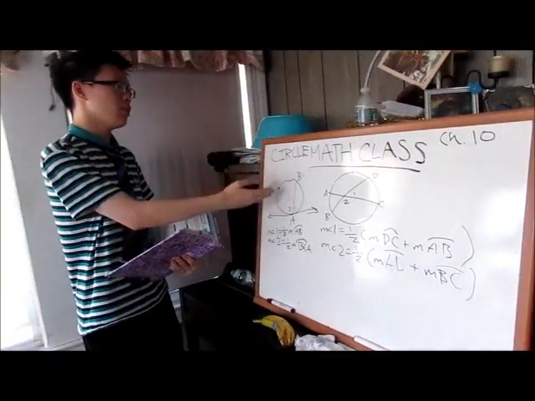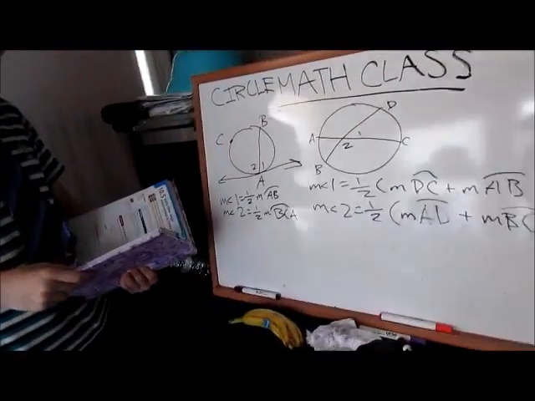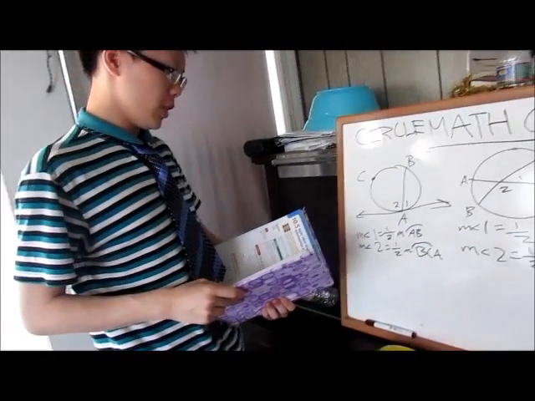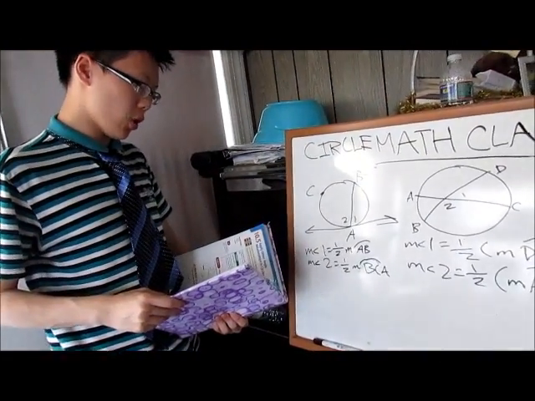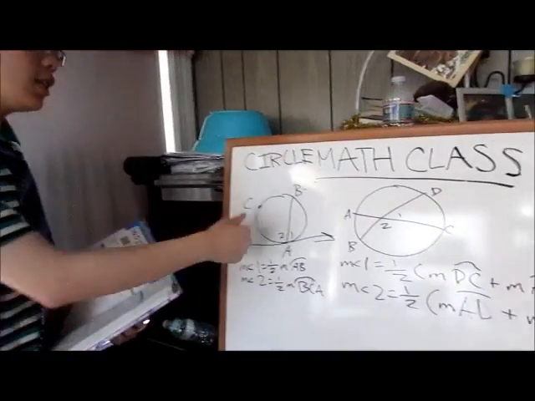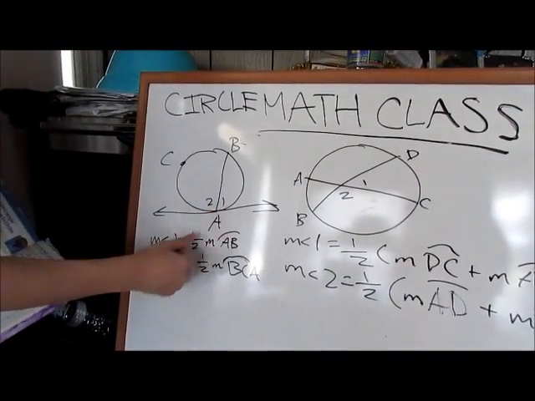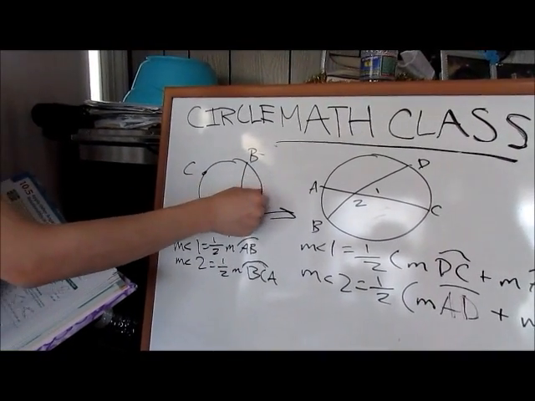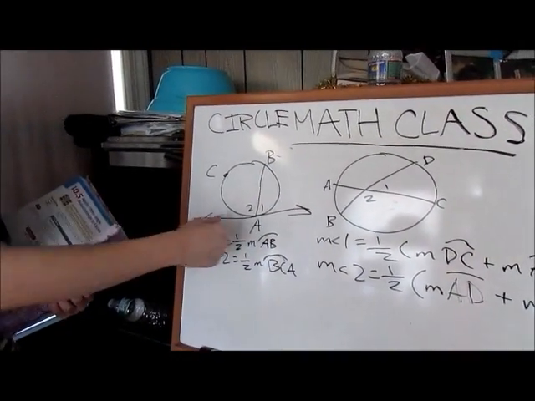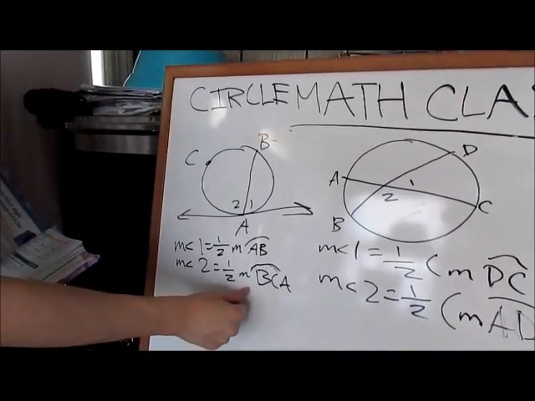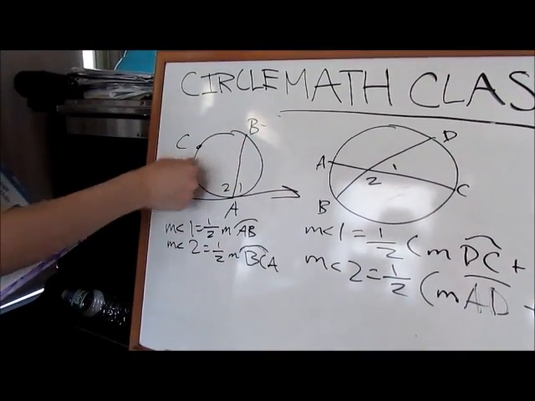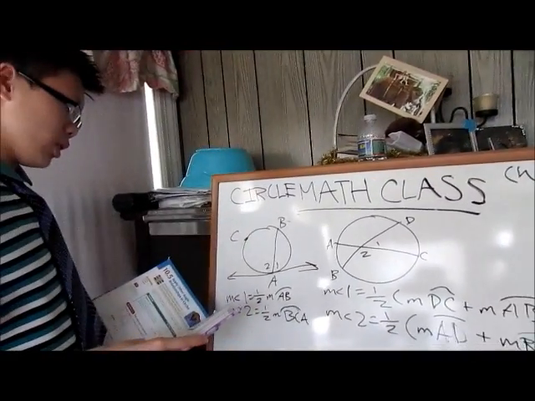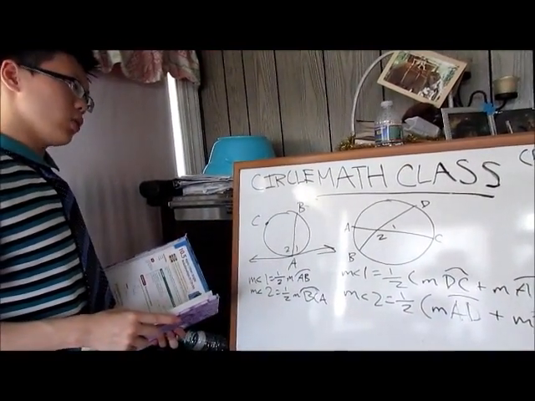So this is theorem 10.11. If a tangent and a chord intersect at a point on a circle, then the measure of each angle formed is 1/2 the measure of its intercepted arc. You see this angle measure 1? It is 1/2 of the measure of arc AB. Measure of angle 2 is 1/2 of arc BCA. And over here is theorem 10.2, the angles inside the circle theorem.